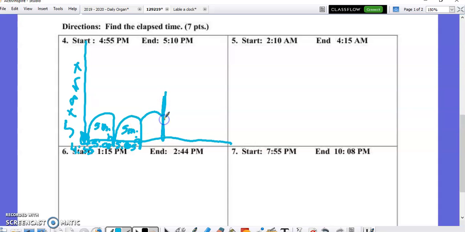You can see the student has drawn the finish line, one more hill, which is another 5 minutes, which gets us to the end time of this race of 5:10. When you add all of those minutes together, we have 15 total minutes that has elapsed or passed. Excellent job.